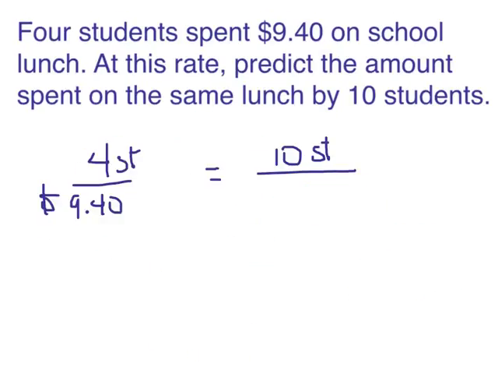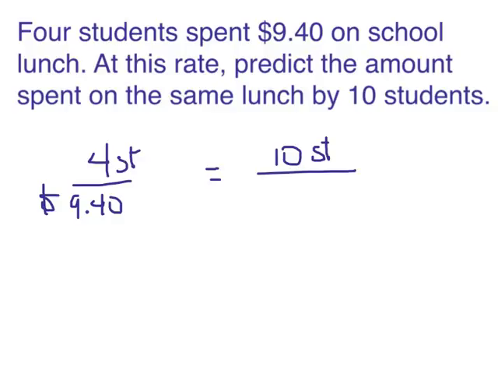In the next example, I want to show you that you can go to an equivalent fraction before multiplying. So we can tell that 4 cannot easily turn into 10, but if I look at my numerator and denominator, I can see that they're both even and I can divide by 2.